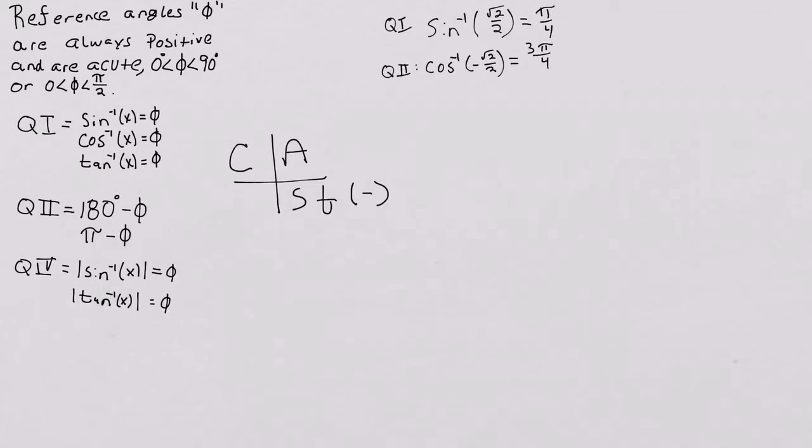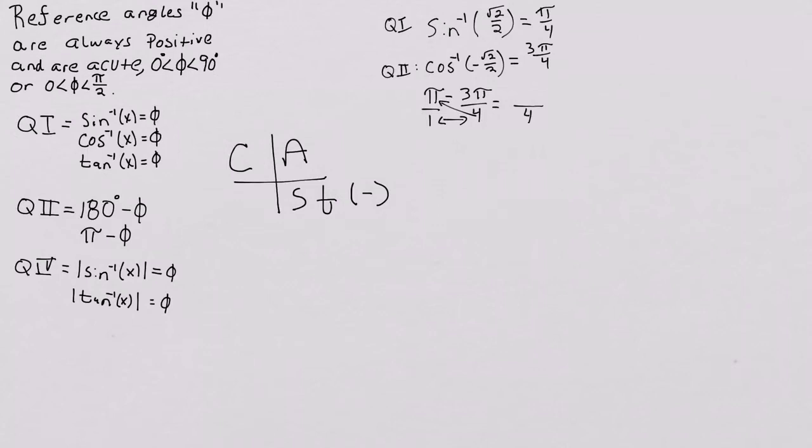Here, 3 pi over 4 we cannot use as a reference angle because it is not an acute angle. So we need to find our reference angle. In this case, we would simply take pi minus 3 pi over 4. Rewrite pi as pi over 1. Multiply your bottoms because now we're subtracting fractions. That'll be your new bottom, 4.